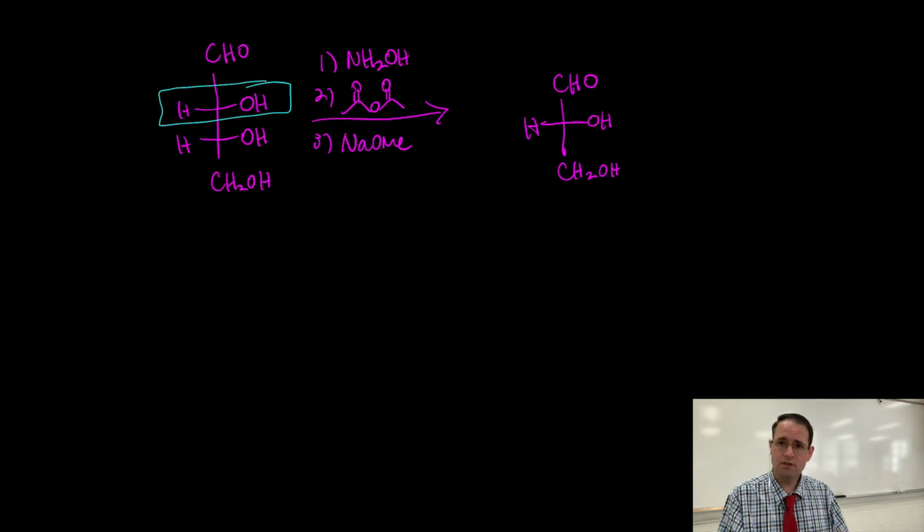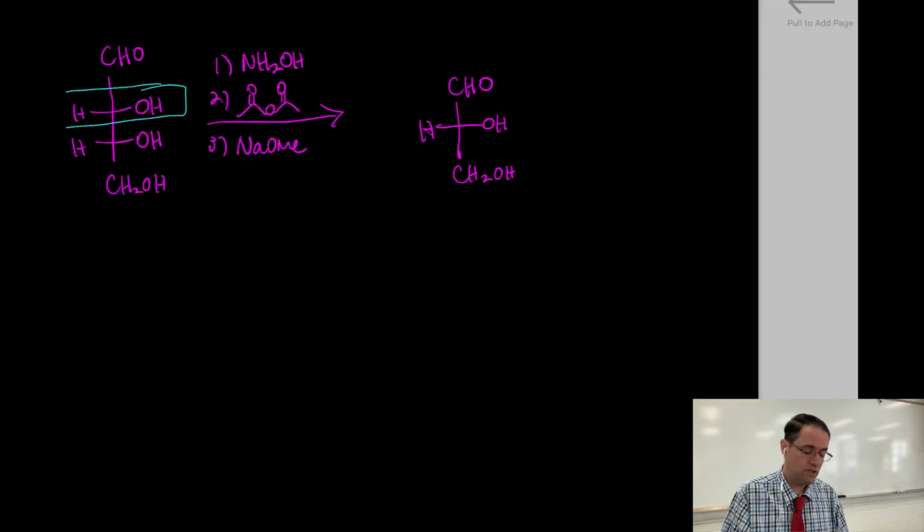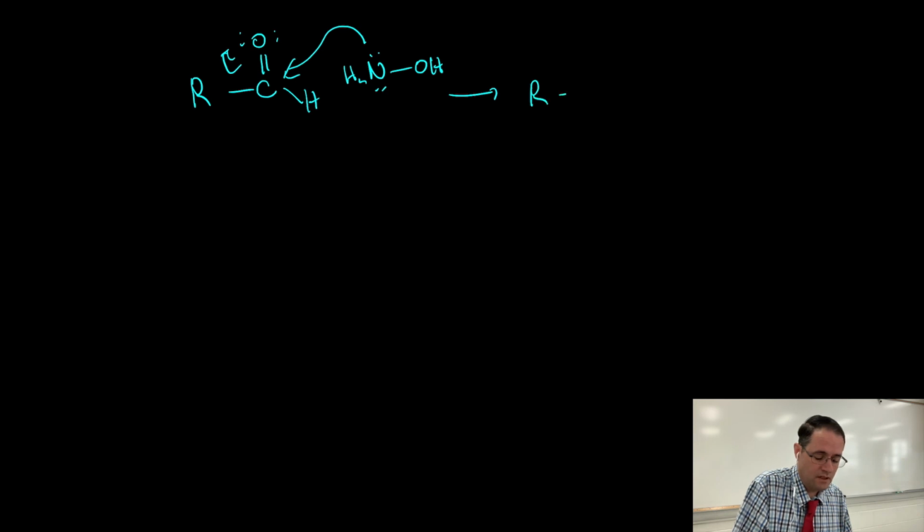So now let me just show you the reaction mechanism for all of those. Okay? So here's our aldehyde. Okay? And when we add NH2OH, nitrogen can attack this guy here to give you the tetrahedral intermediate.